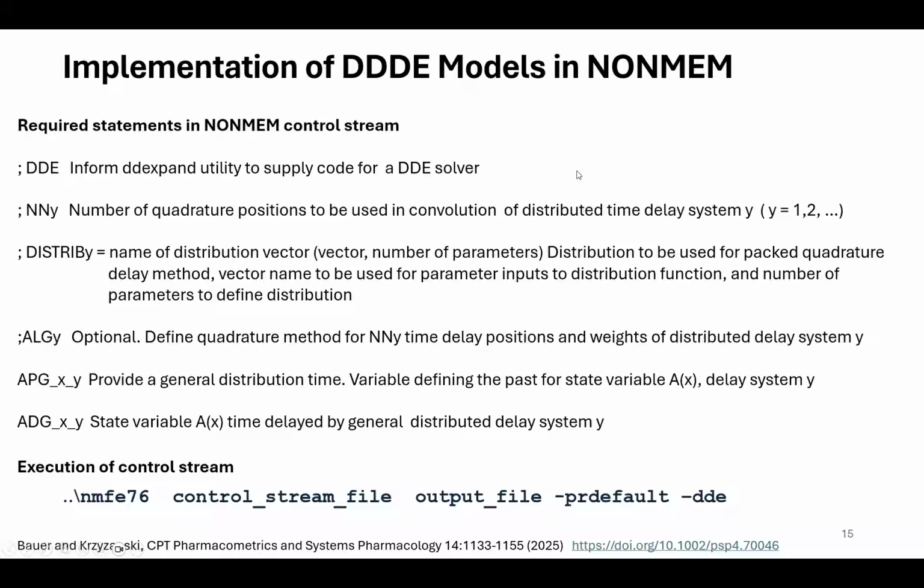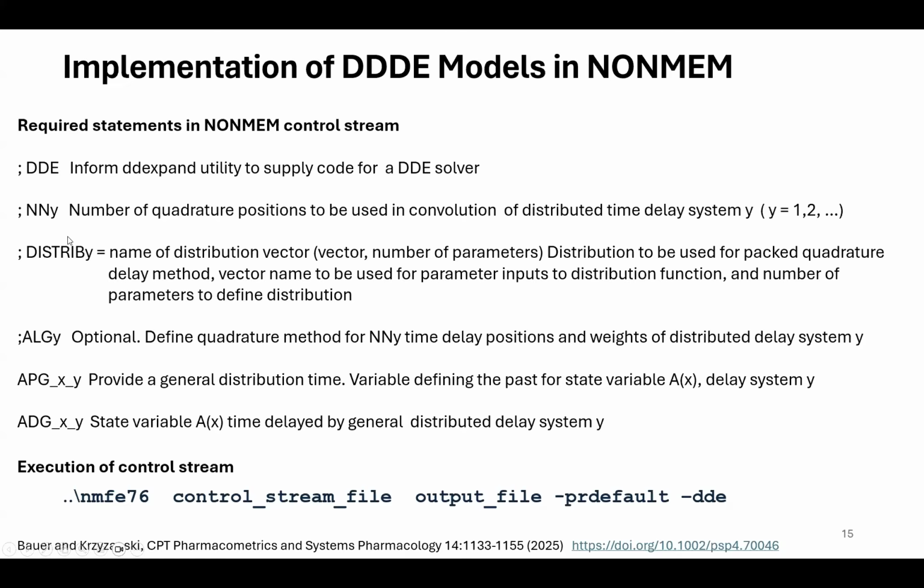And I definitely recommend, based on my limited experience with those models, using the quadrature methods for calculating the convolution integral. To do so, the user would first of all have to invoke in the code this DDE expanded utility by providing this statement, DDE. And then for the quadrature method, the user needs to provide the number of quadrature nodes.